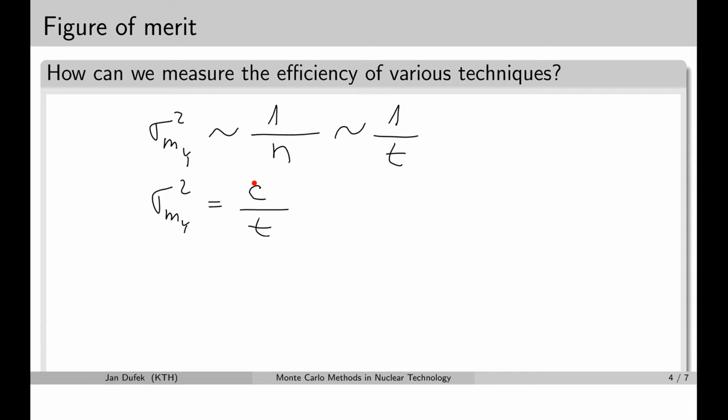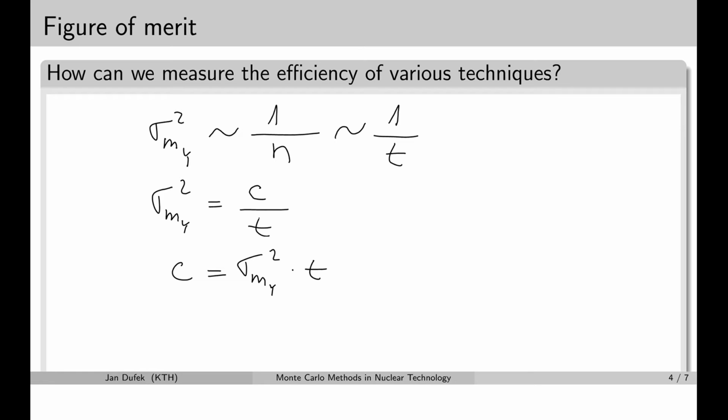Now c is constant during the simulation, so that means that the product of the variance of the mean value of the result and the computing time is constant as well. This product does not change during the Monte Carlo simulation.